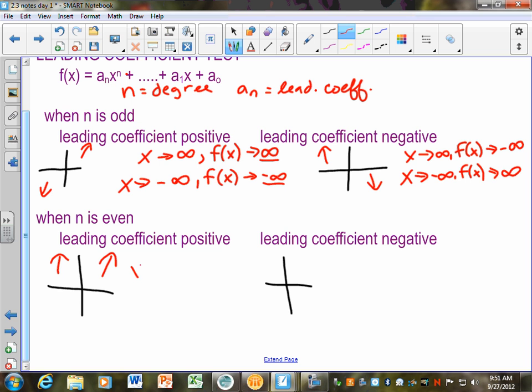So I can say as x goes to infinity, f of x goes to, and as x goes to negative infinity, f of x goes to. That's just kind of the shorthand way of saying as x is getting really big, what's happening with my y values. And since they're both pointing up, it should make sense that we're just going to put that both of those are going to infinity.